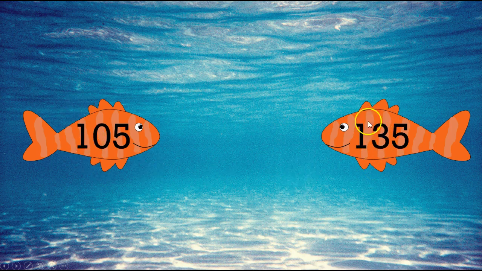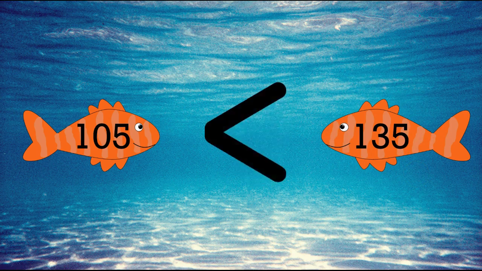They both have the same amount of ones, but this one has more tens than this one. So that means that this, 135, is greater. So let's put our symbol in. Remember, our symbol mouth wants to eat the biggest number. So we're going to read this from left to right, and we're going to read it as 105 is less than 135.